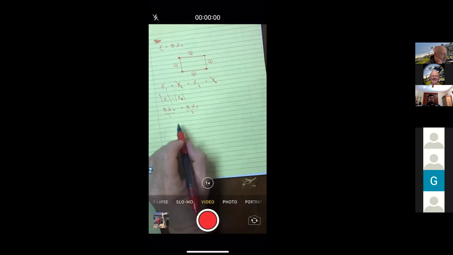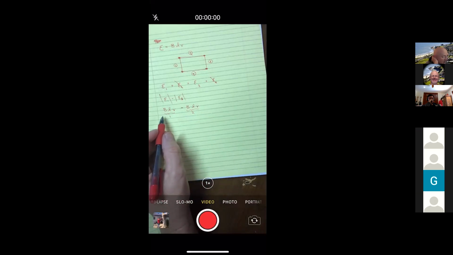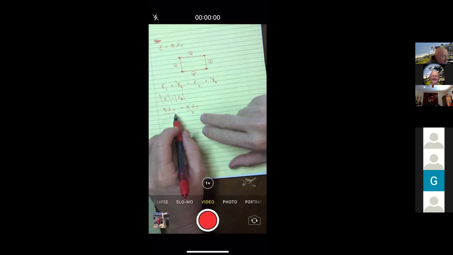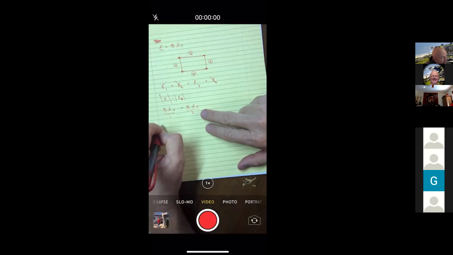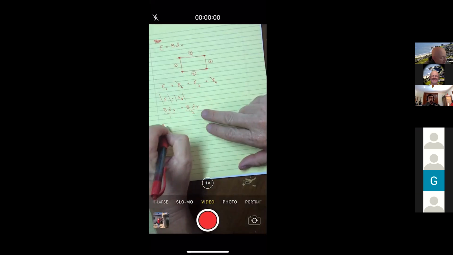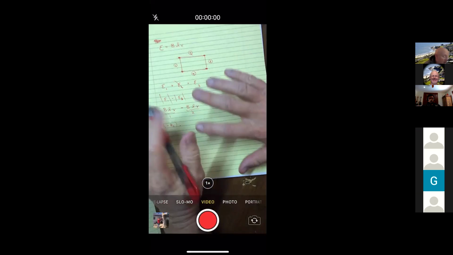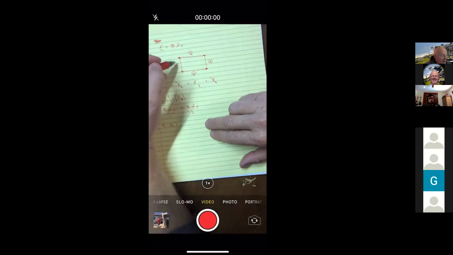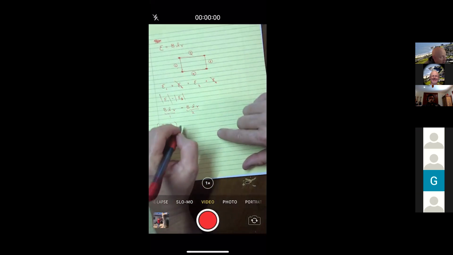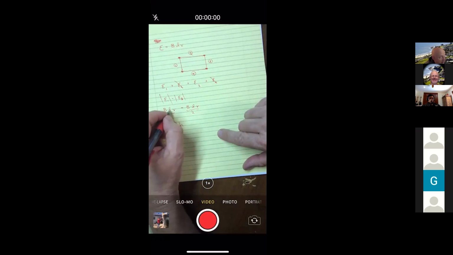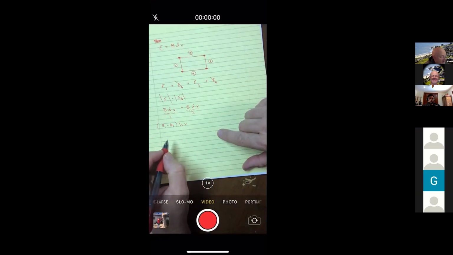And then if you do that, and remember that the field is calculated from the toroid, you would get something that would look like this. You would get the field at the first rod minus the field at the second rod times its, now here's where I've got to be careful. The length then would be this distance, which I called h, so I'm going to change my L to an h, times the v.